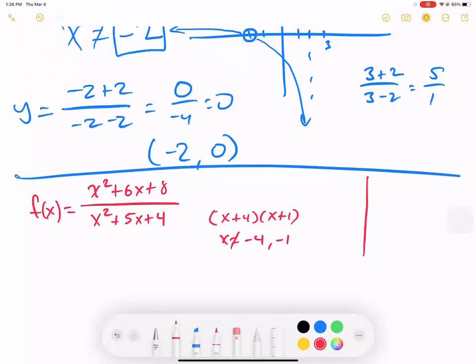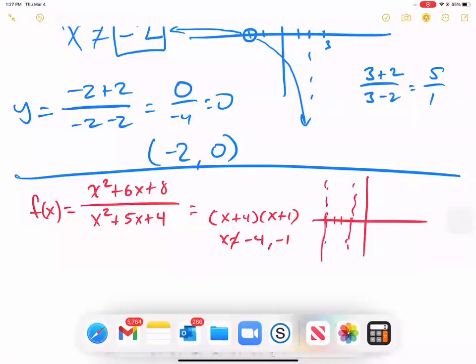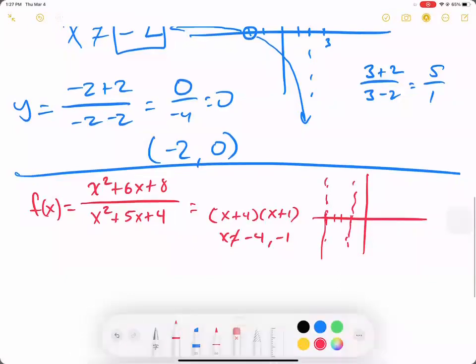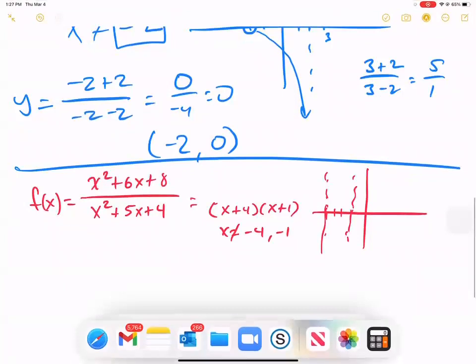So normally we would start graphing the graph. We would do negative 1, 2, 3, 4, and negative 2. But I want to show you right now that that's not what the graph looks like, because we're going to realize that one of these factors is going to cancel out. Now again, if I try graphing this, you'll notice that we don't have 2 vertical asymptotes. We only have one.